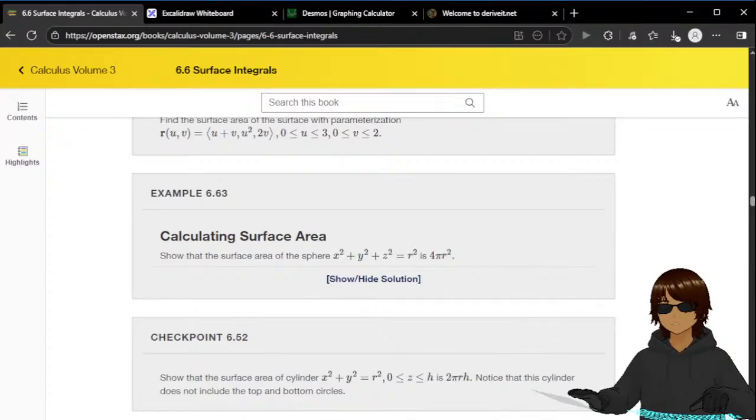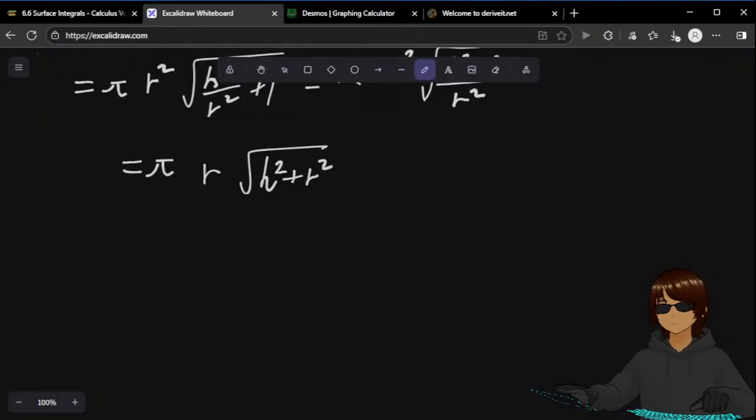Show that the surface area of the sphere x square plus y square plus z square is r square.